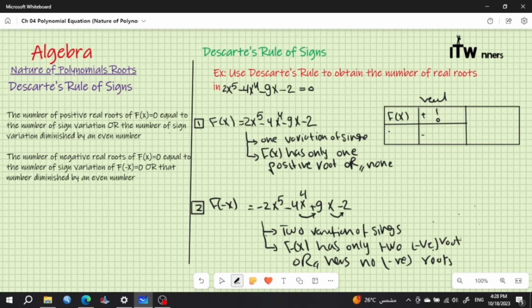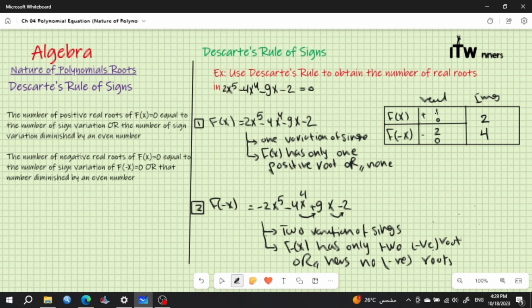So from f of negative x, f of x has 2 or 0, and from this the imaginary roots can be 2 or 4.